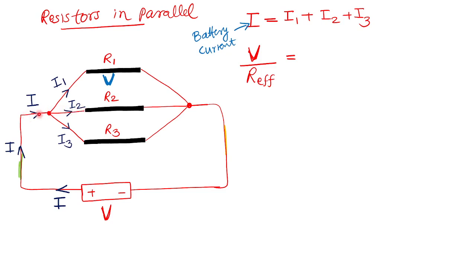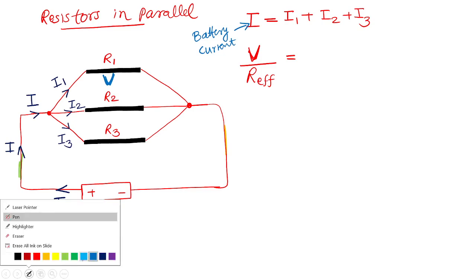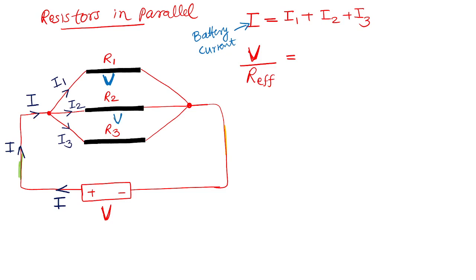The left side of R2 is directly going to the positive terminal. The right side of R2 also directly goes to the other terminal. So the potential difference across R2 is also V itself. Similarly, the left side of R3 goes directly to one terminal, and the right side directly to the other terminal, so V.